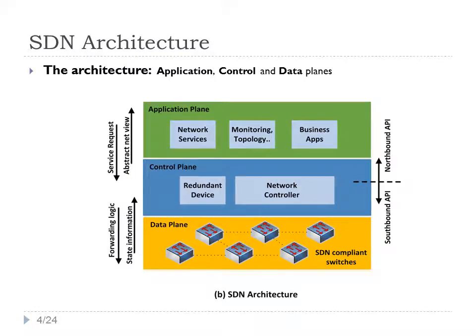Let's take a look at the SDN architecture. As mentioned earlier, the framework can be divided into three different layers: the application, control, and the data plane. The data plane comprises individual forwarding hardware, such as network switches.